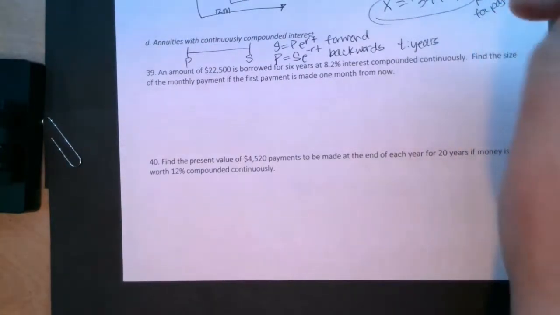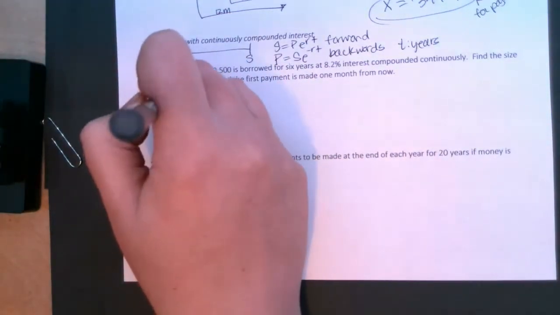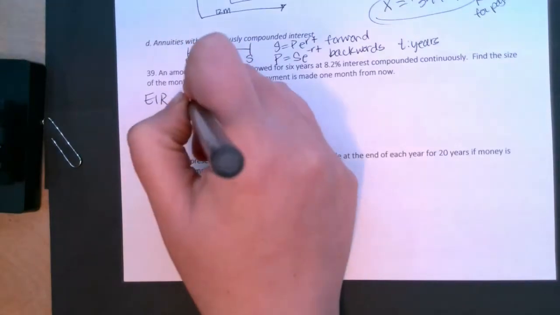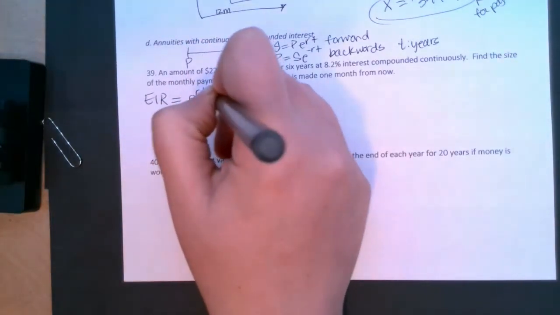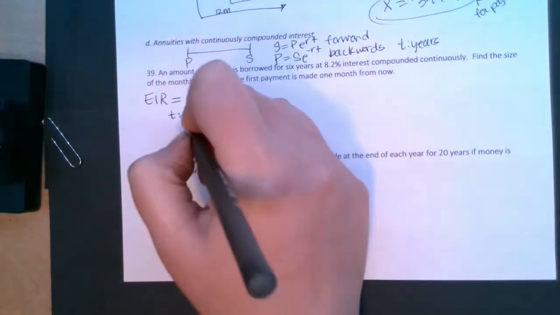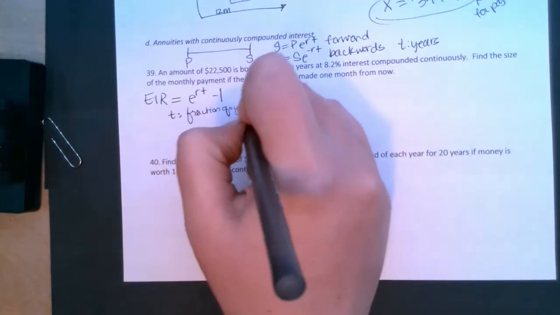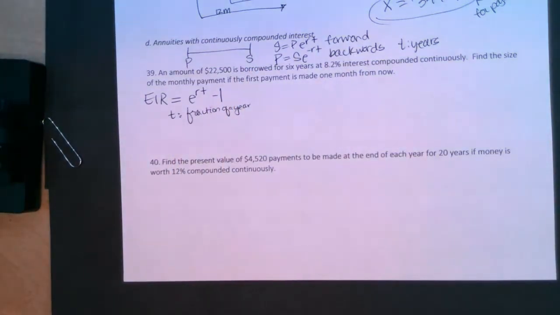And then our other formula that we need is the EIR, so I'm just going to put that down here. So your EIR is going to be e to the rt minus 1, but this time t is going to be a fraction of a year. So t is still in years, even though we're finding the EIR. And again, we're going to do that and store it as A because we're compounding continuously.